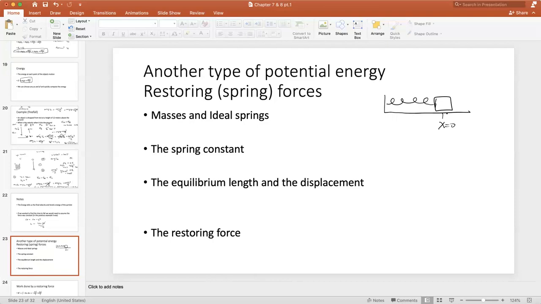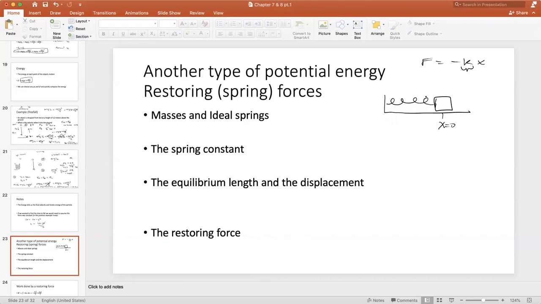You define the x of the spring to be 0. That's our first deal. Ideal springs mean that the force is, as we said, negative kx. This k is a constant of the spring.